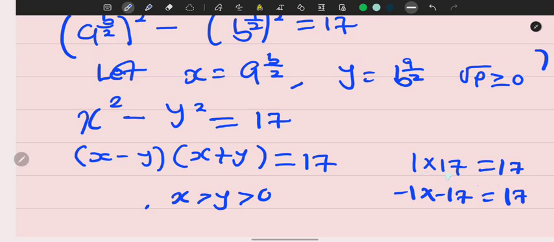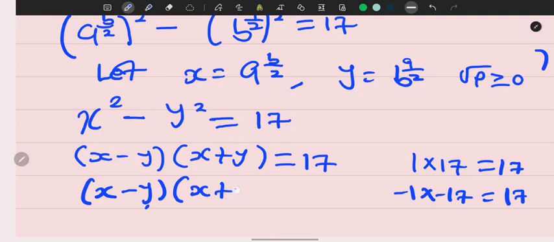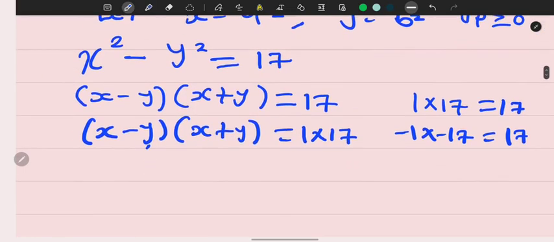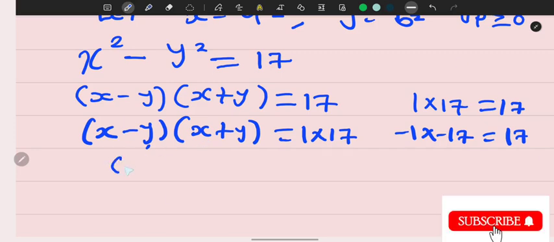By implication, we're going to make use of 1 and 17. So x minus y times x plus y can be written as 1 times 17. It is obvious here that, since x and y are positive numbers, x plus y must be greater than x minus y.